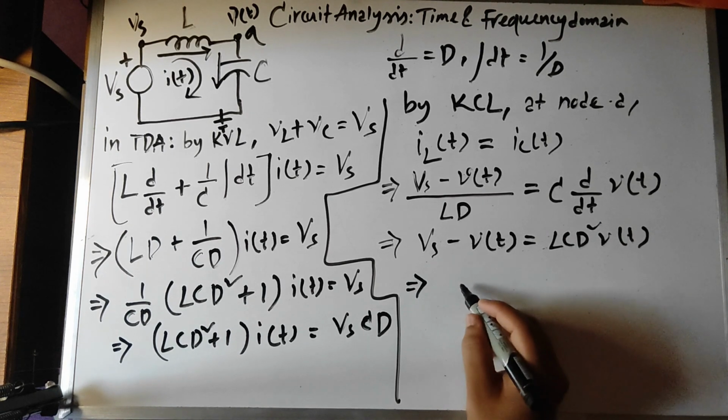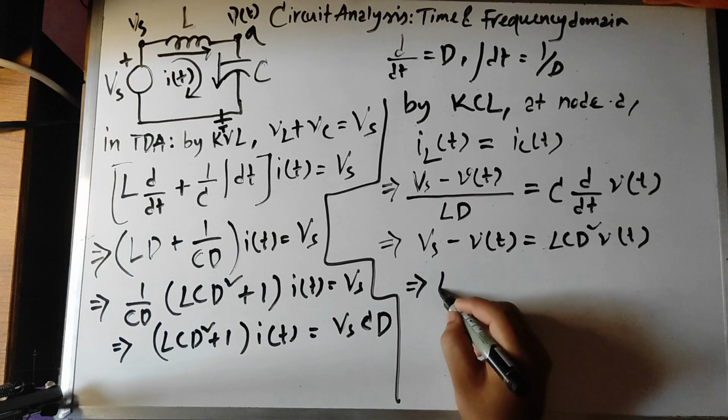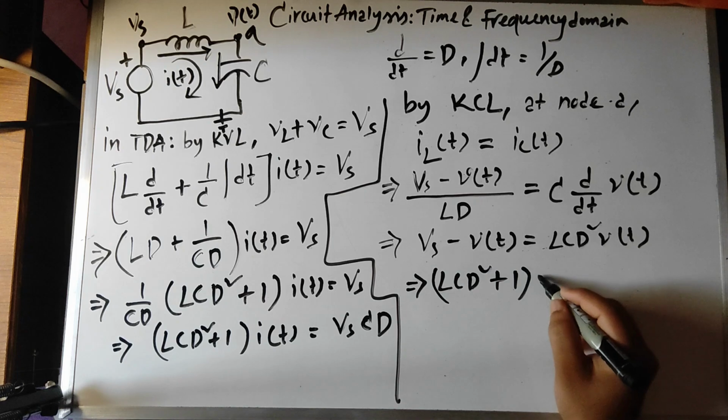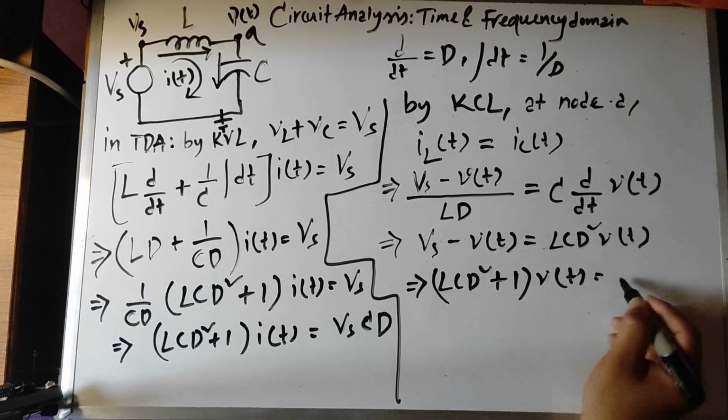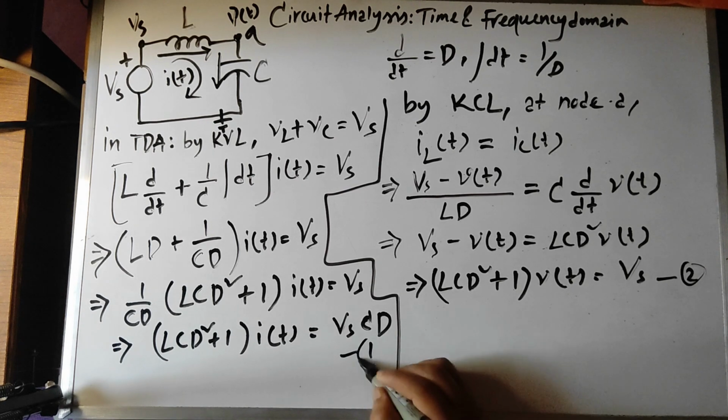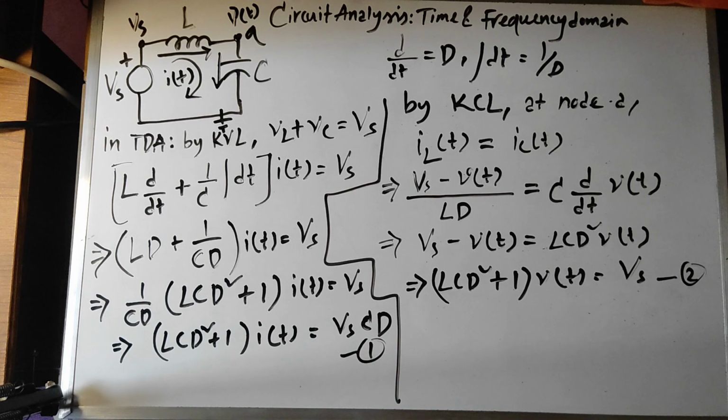Now just rearrange this again: (LCD² plus 1) Vt equals Vs. Say this is number 2 and the earlier one is number 1. So we have got our two equations. All we have to do is solve them.